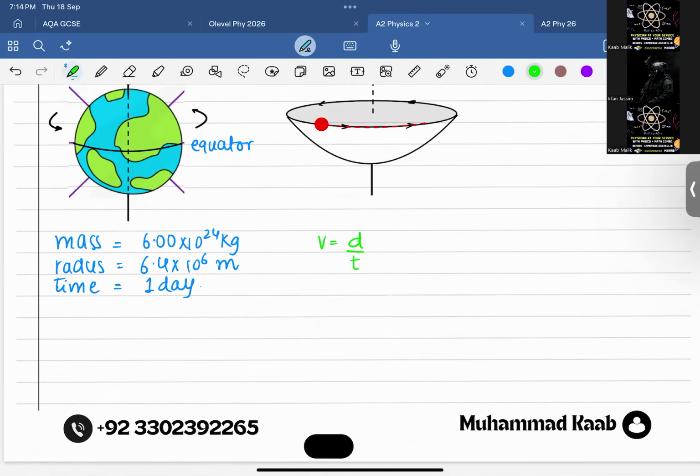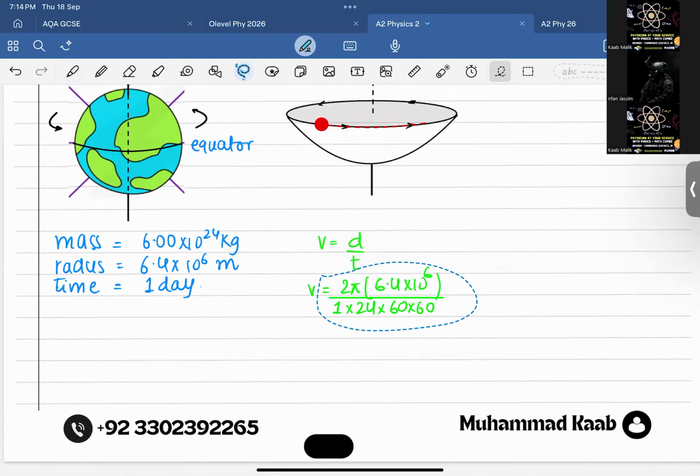So 2 pi times 6.4 exponent 6, divided by the time, which is 1 day: 1 day contains 24 hours, 1 hour contains 60 minutes, 1 minute contains 60 seconds. This is going to be the velocity, right?